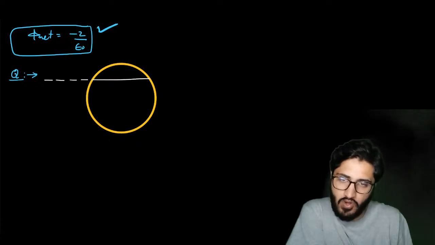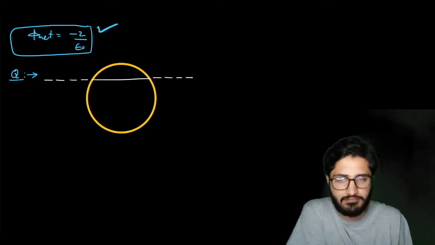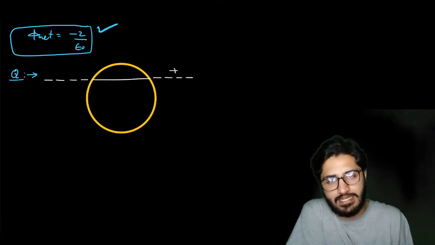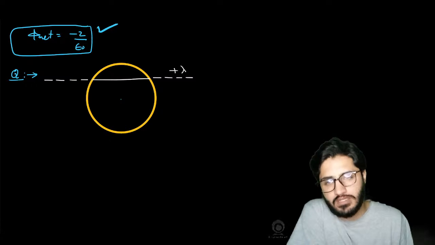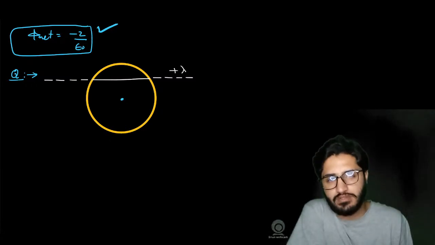It is infinite, the dotted line represents infinite. And the linear charge density is plus lambda. Okay, look. This will be the center of this particular circle, and this distance is given to be r by 2, where r is the radius.